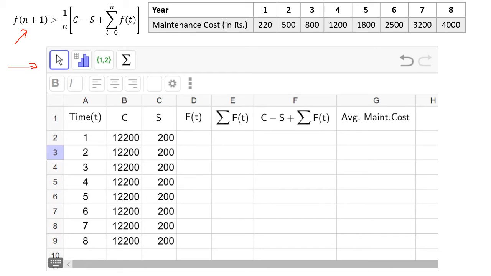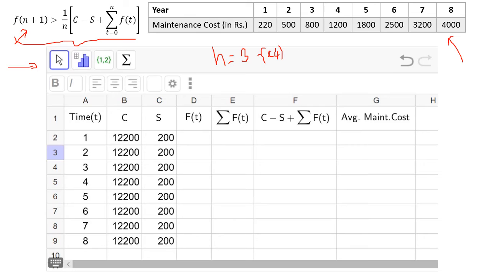And I have also put the data regarding maintenance cost required for each year at the top. So how we are going to find out when the firm will replace the machine? For that, let us consider this inequality. Now, let's say that n is equal to 3, then the left hand side of the inequality becomes n plus 1.